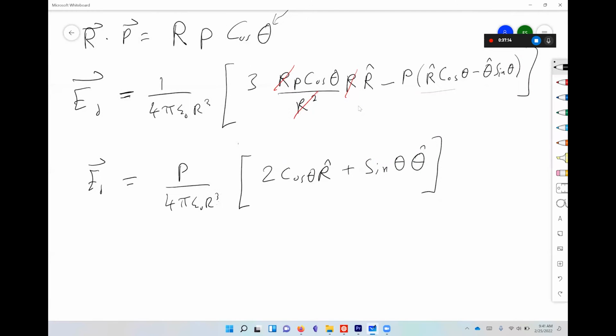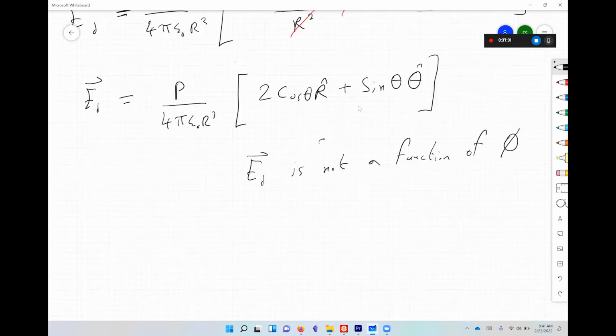And again, we see this field is symmetrical; this field does not depend on phi. So E_D is not a function of phi. As we go around the dipole, as we rotate around the dipole, the phi coordinate changes, but that has no effect on the field.